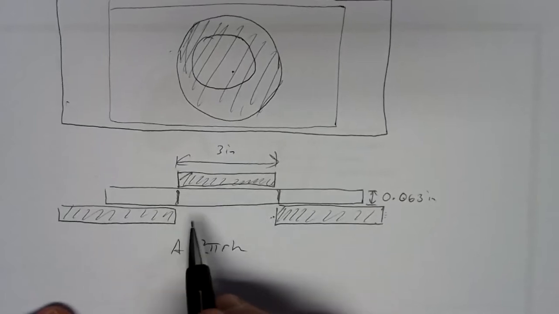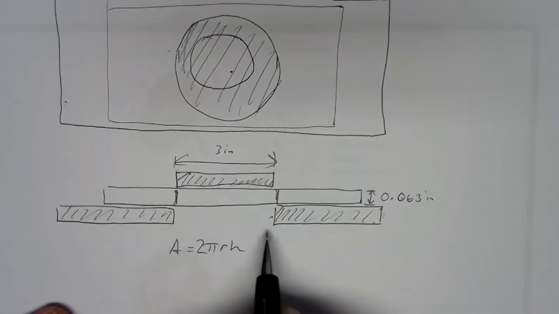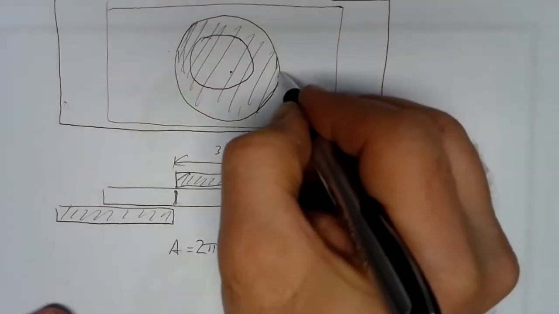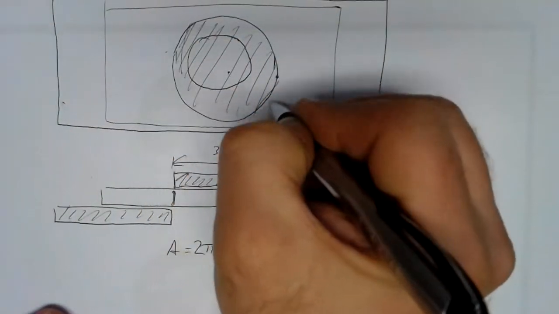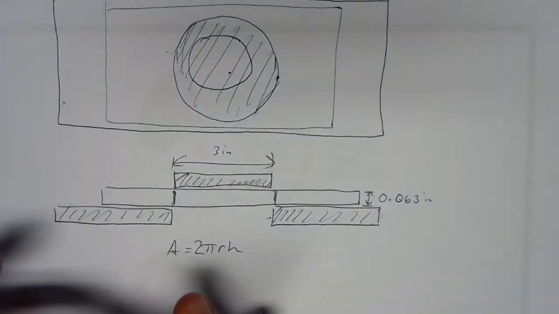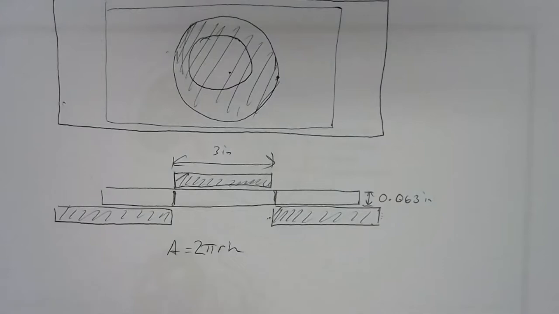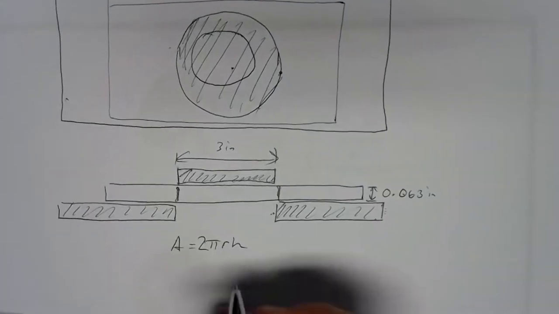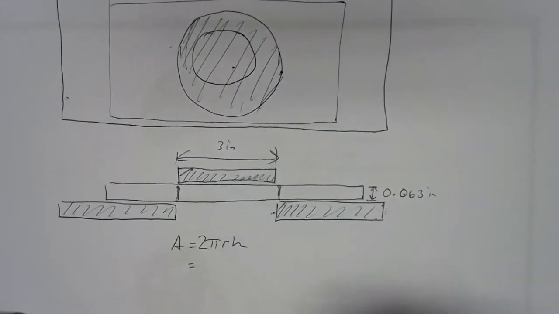So it's 2 pi r, the circumference of the circle, so the distance all the way around that big circle, times the height. So imagine stacking up rings like a slinky. Those rings each have a circumference. You stack them up, you get an area, you get a surface area. So you get a ring shape.